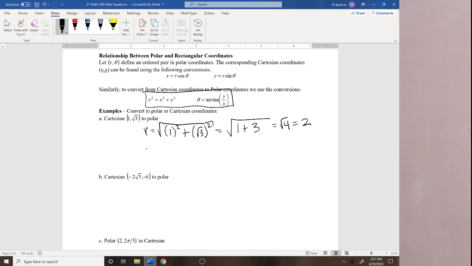Then the angle is arctan of square root of 3 over 1. So what is the arctan of the square root of 3?